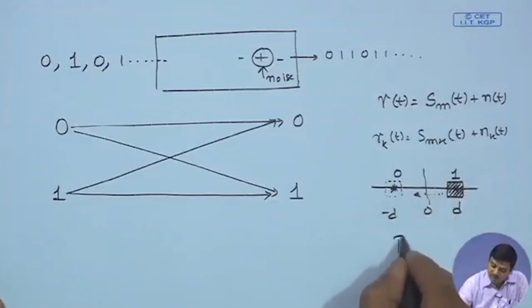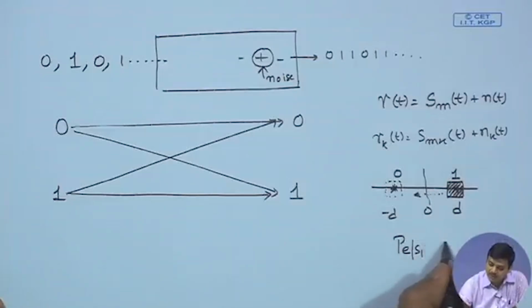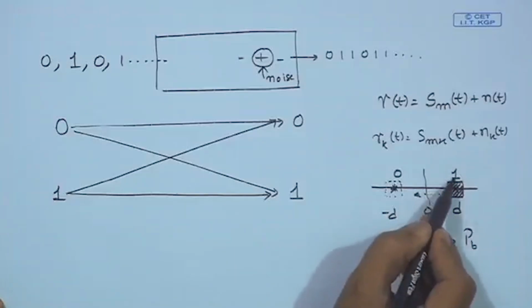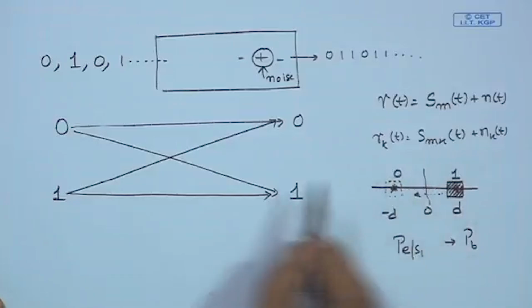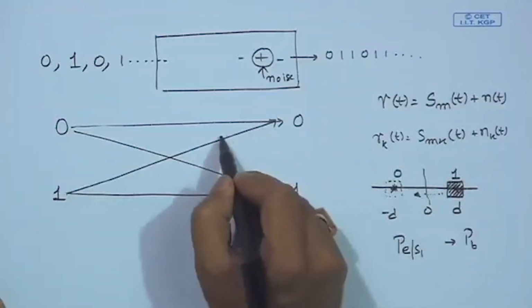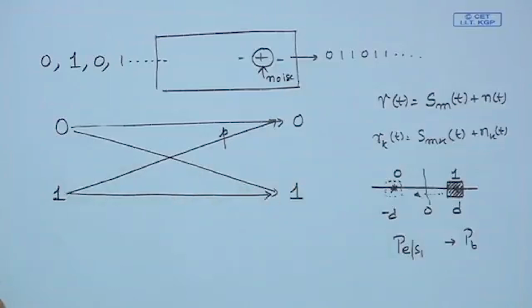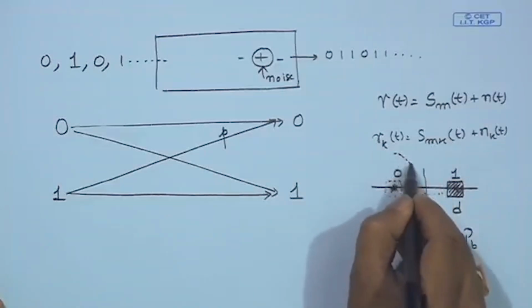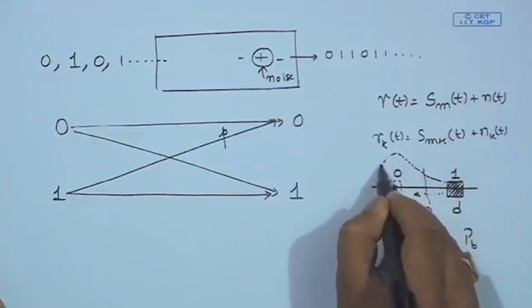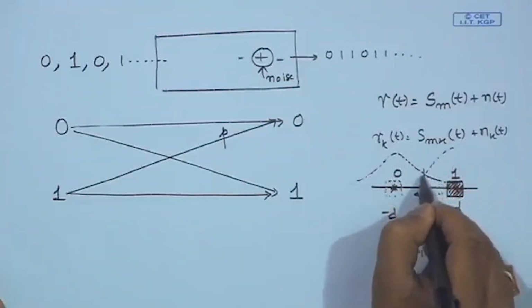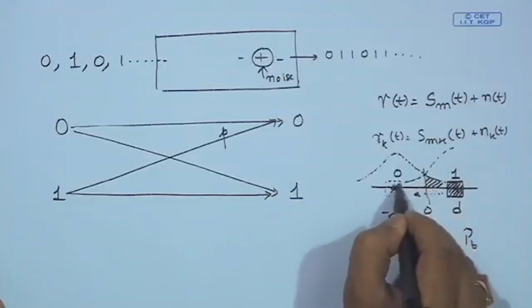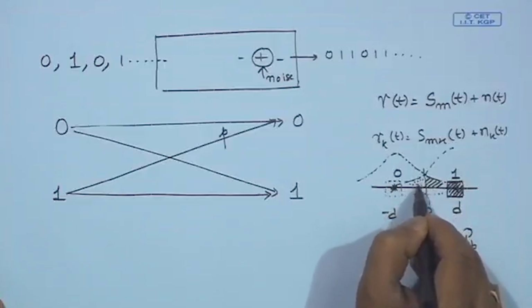We have calculated the probability of error given S1. For BPSK this turns out to be the probability of bit error. That means the probability that when a 1 is sent it becomes a 0 is p. Similarly, consider the probability of 0 becoming a 1. We calculate it by considering the conditional PDF: the probability of 0 becoming a 1 is the area under this curve, and the probability of 1 becoming a 0 is the area under this curve.